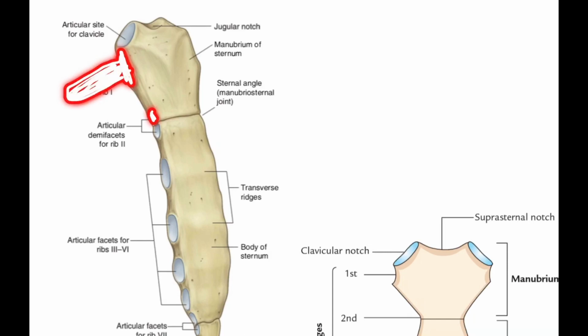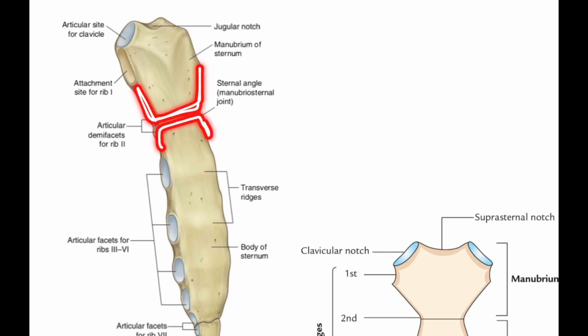The lower demifacet, along with the other demifacet in the body of sternum, articulates with the second costal cartilage.